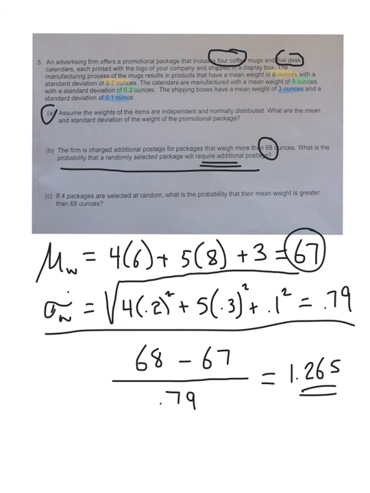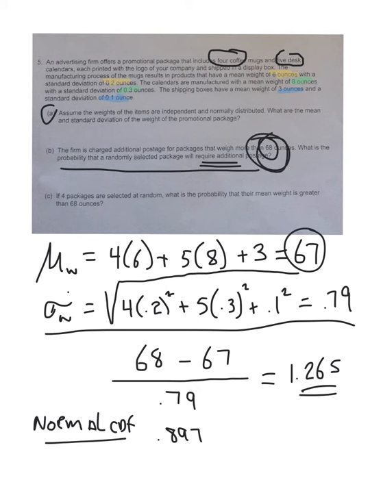Normal CDF. Yes, normal CDF. So here we go, normal CDF. Normal CDF goes from negative 1,000 to 1.265, and that gives me 0.897, okay? But we want to know if it's bigger than that, right?